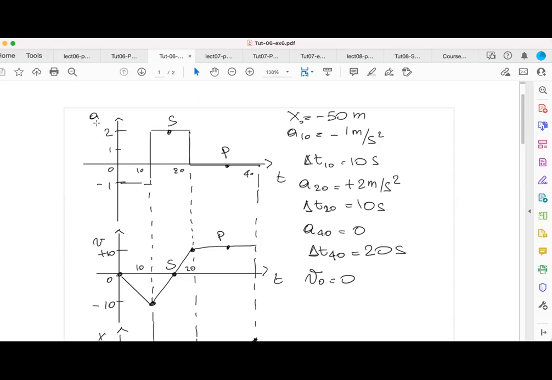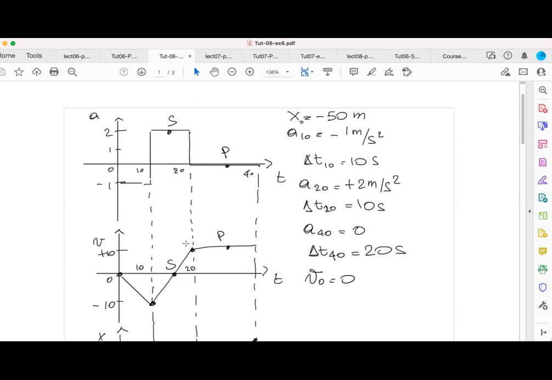So here is the drawing of acceleration versus time, minus 1 meter per second square. Then in the following 10 seconds, the acceleration becomes plus 2 meters per second square, so it's up here. Then in the last 20 seconds, for delta t that goes from 20 to 40, we have constant velocity, which means zero acceleration. So we just do something like that.